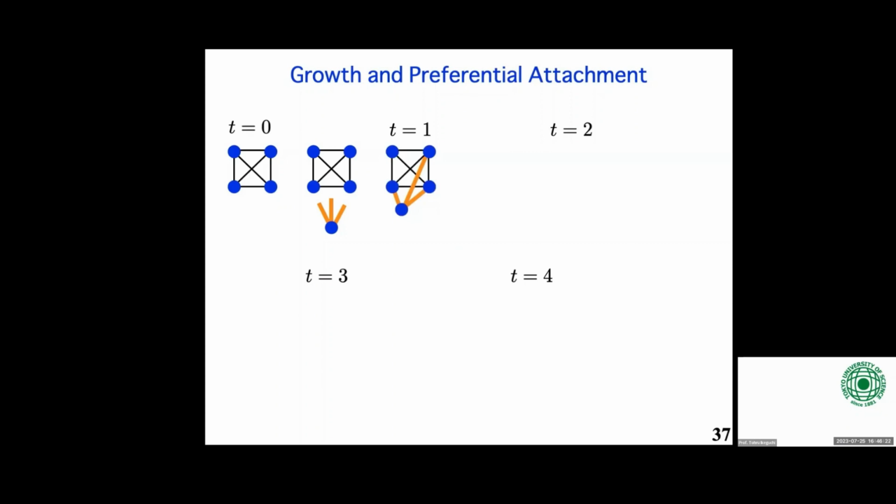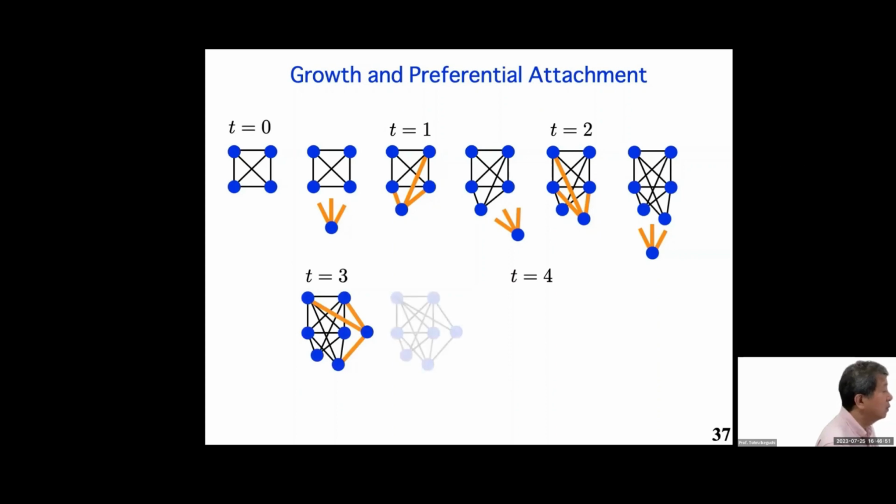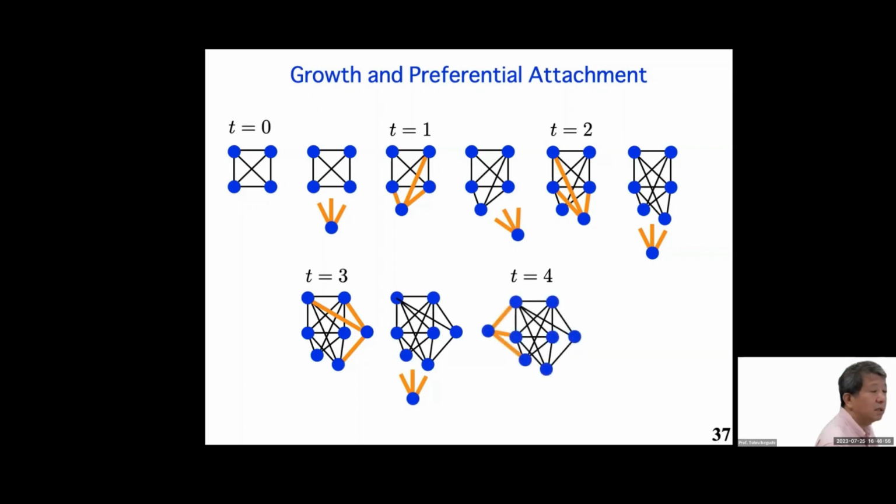At the next step, t equals 1, a new vertex again arrives, and the higher the degree of the five vertices in the existing network, the higher the chance of acquiring these three edges. Now a network like this is obtained. In the following steps, almost the same process is repeated, and we can get growing networks like this.